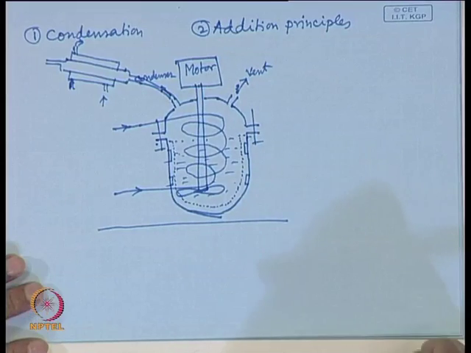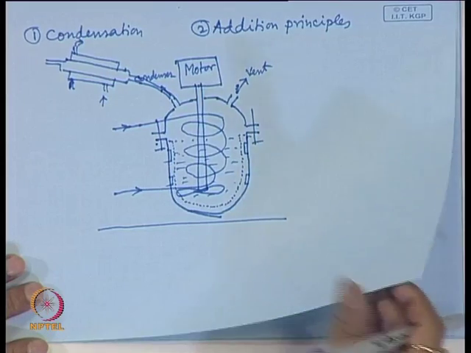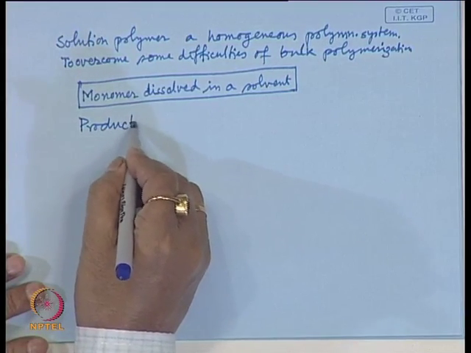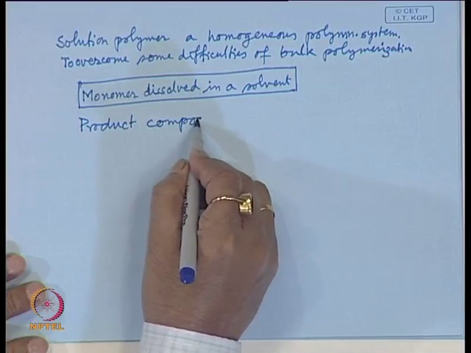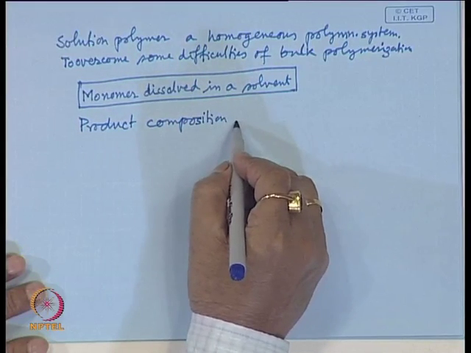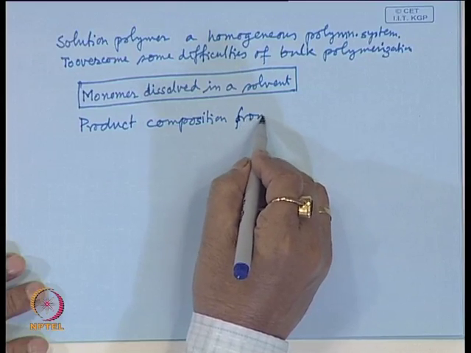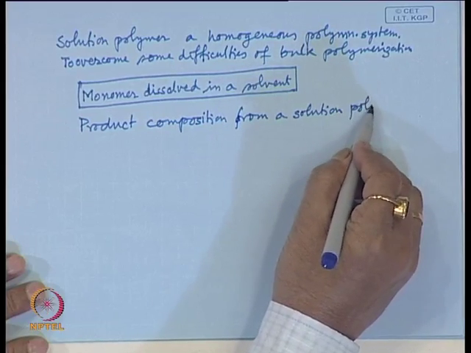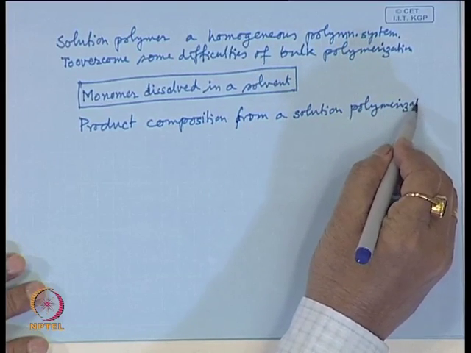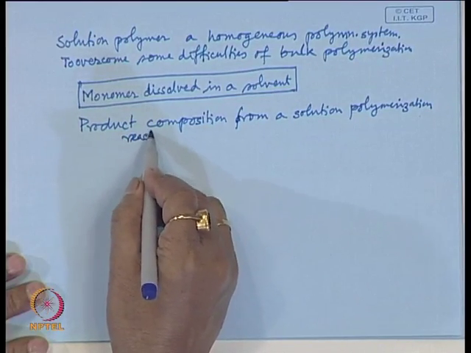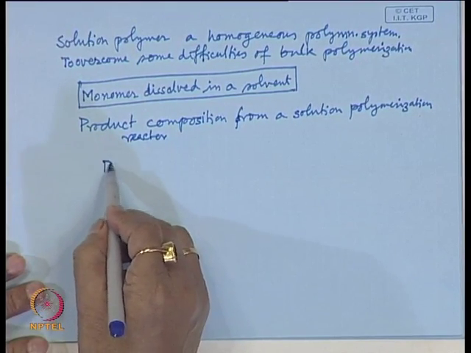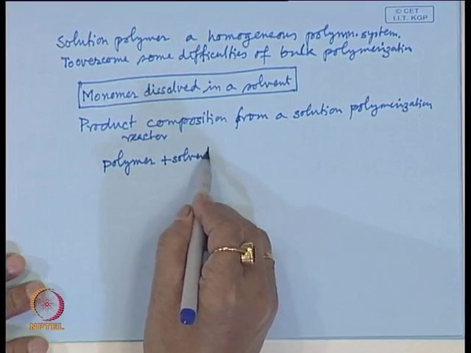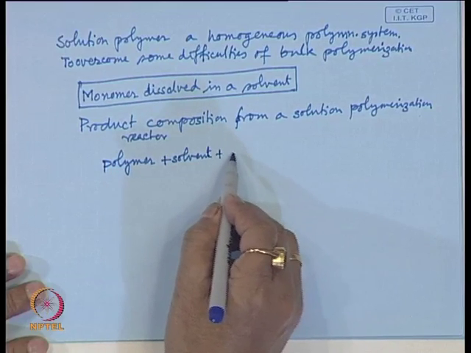What is the product here? The product is polymer and solvent plus other impurities.